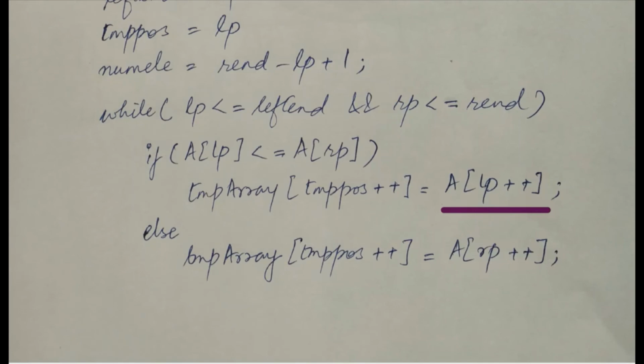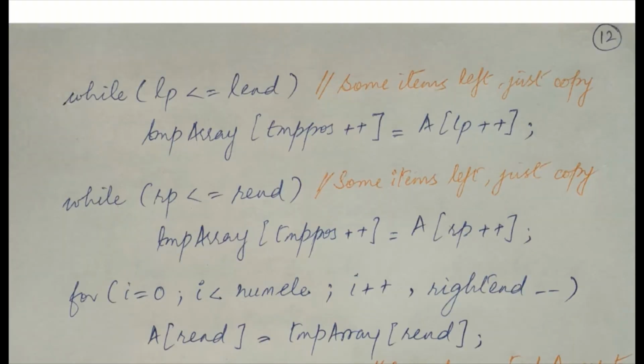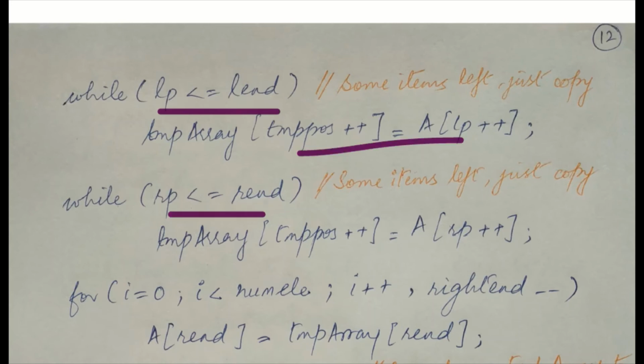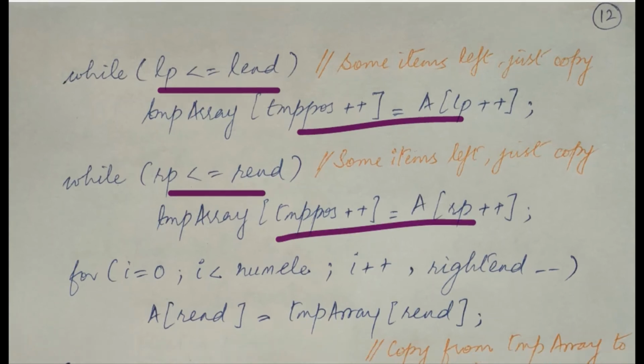The left pointer reached its end, so the right pointer still has some elements. So if there is something left in the left hand side, you will just straight away add them to the temporary array, and if there are some items left in the right hand side, you will just add those. One of the 2 cases might be true, so it will go either here or here.